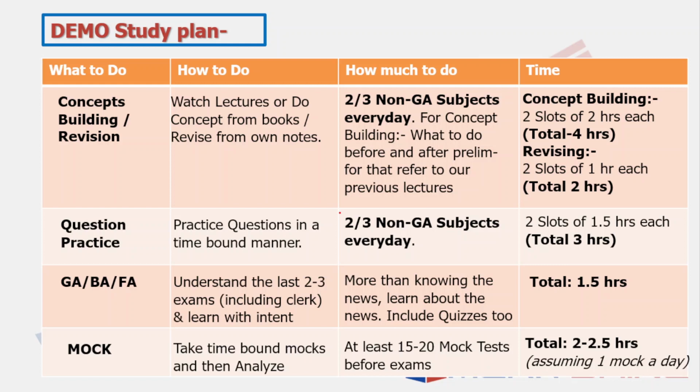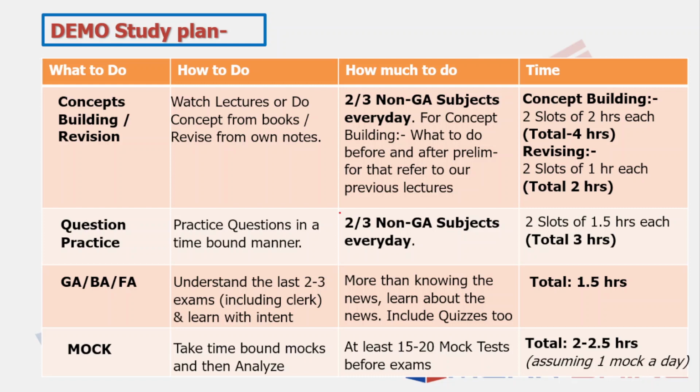Obviously, if you are a concept builder and you do not want to start with mocks now, which is okay, because you need to have some amount of idea, then another 7-10 days, or at the most 12-14 days, you would be starting with your mocks. Then if you take one mock every day, and the last week of November is your prelims, then also you'll be done with 15-20 mocks, no doubt about it.